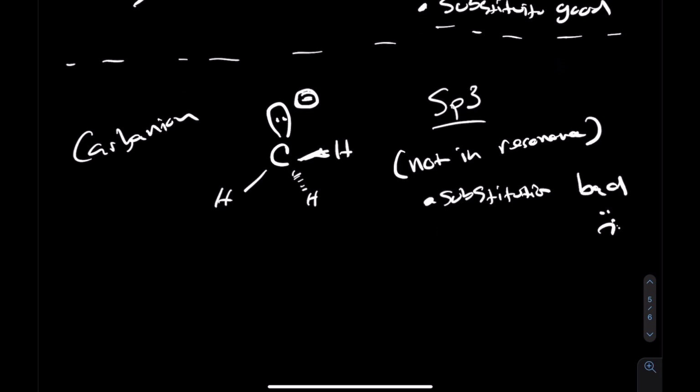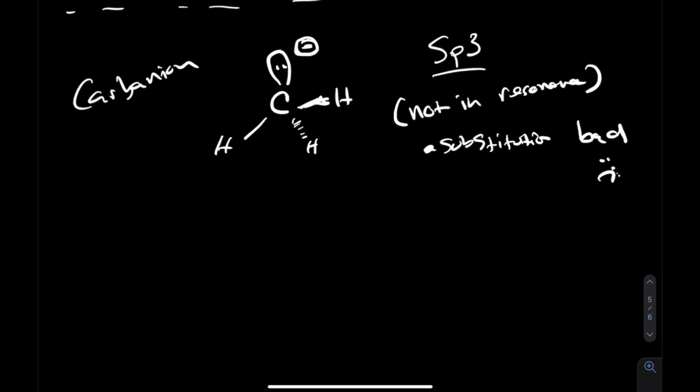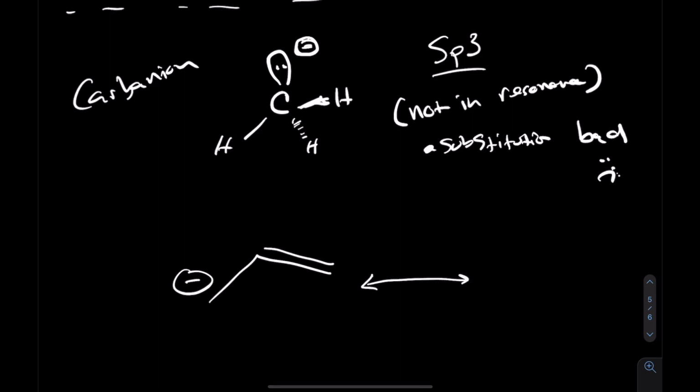Now, I mentioned resonance, and resonance is a good thing for carbanions. Unlike substitution, resonance helps distribute those nasty electrons over a larger area. So now, instead of having all those awful electrons located on just one carbon, in this particular example, I can spread the misery onto multiple carbons.